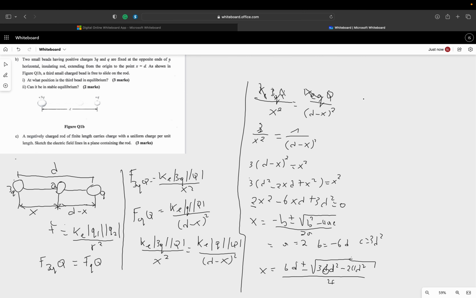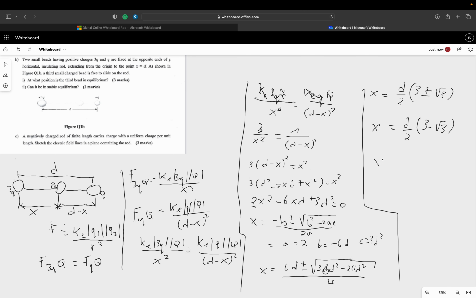Now x will be equal to d over 2 into 3 plus or minus root 3. When you simplify, this is what you get. So now x will be equal to d over 2 into 3 minus root 3.